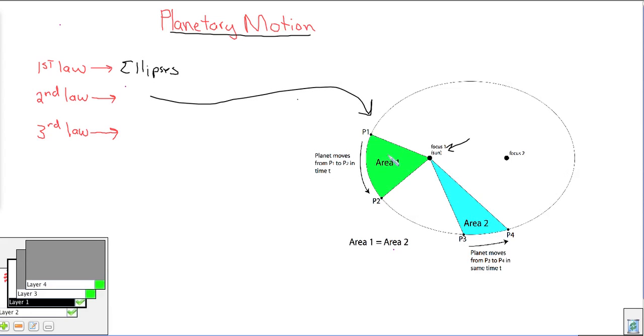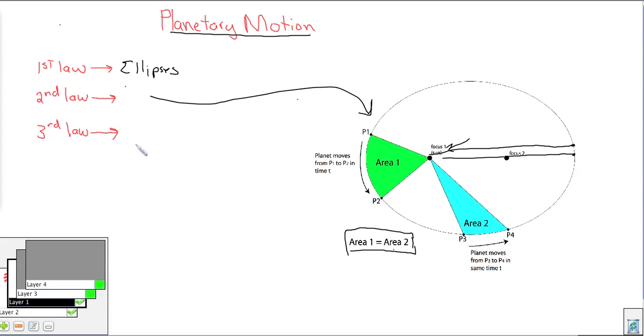If you take the area of this and the area of this and compare them, they end up being equal. Even though it moves faster here, the area that it covers is equal. If you were way out here, you would have this tiny little bit covered, but that would also be the same area, and it would equal this, it would equal that.